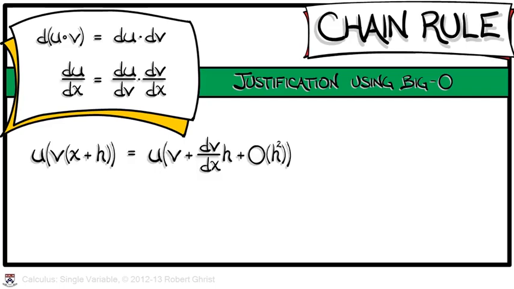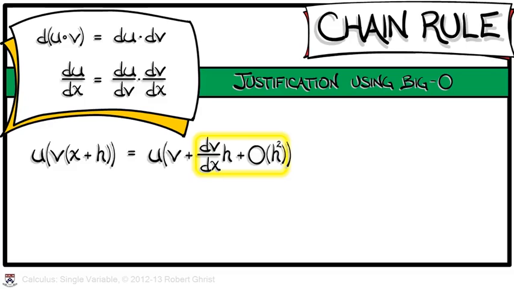Now, let's change perspective and think about this from the point of view of u, which takes as its input v. Now, we're evaluating u not at v, but at v plus some perturbation, some variation term, which we know has the structure of dv/dx times h plus something in big O of h squared.